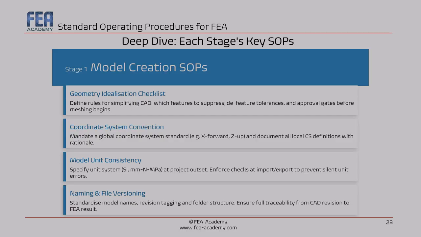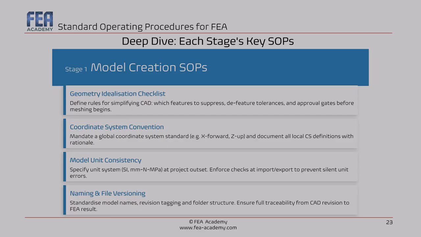Also, the coordinate system is the invisible source of errors. Coordinate system errors are the FEA equivalent of left-right confusion in surgery. They are silent, they are common, and they can invert your stress result completely. And believe me, the SOP is very simple.